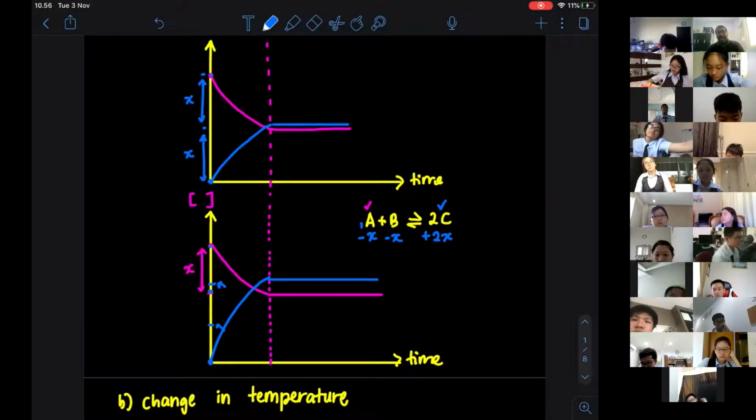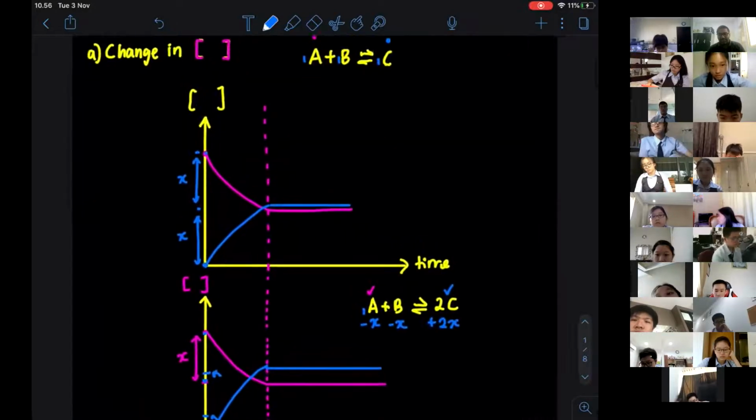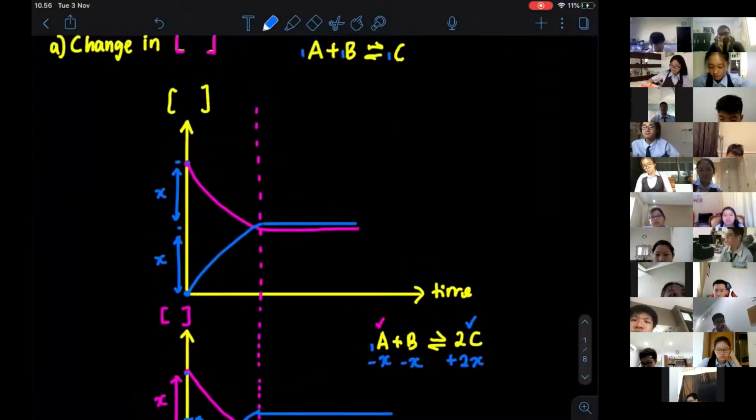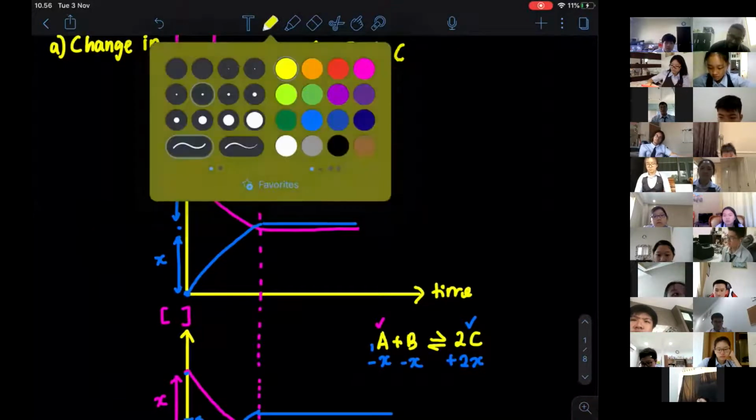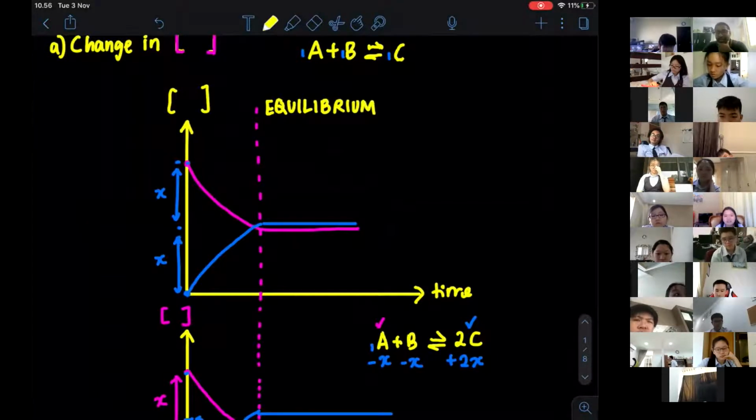Now, what I want to teach you is what happens once you have already reached equilibrium. This is equilibrium. Once you reach equilibrium, let's say I am going to make some changes at a certain time.